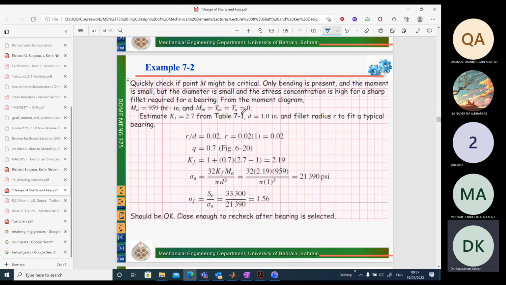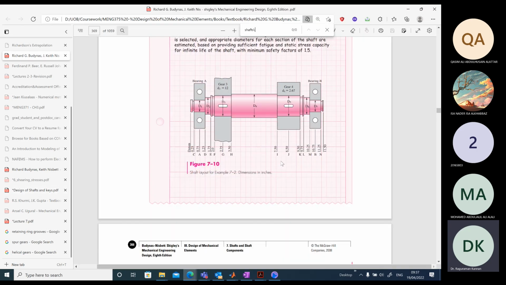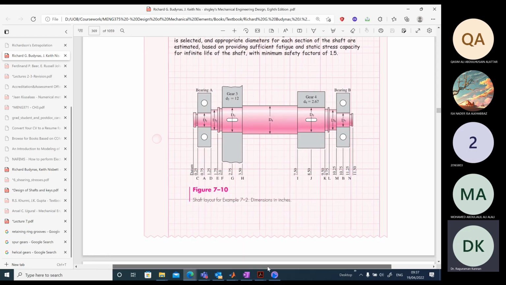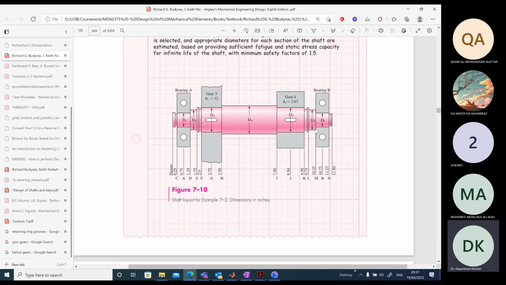Okay, so where is the point M? Here we can see from the diagram over here. Point M is right over here.